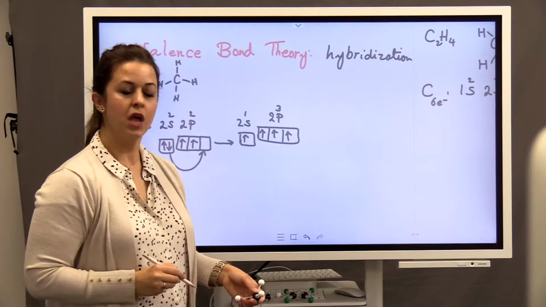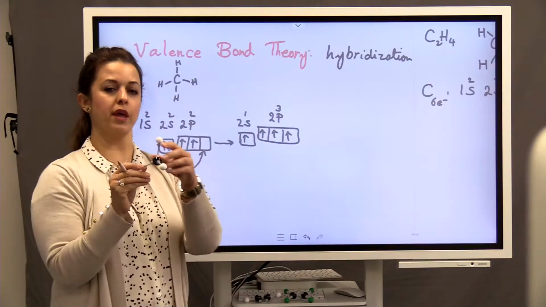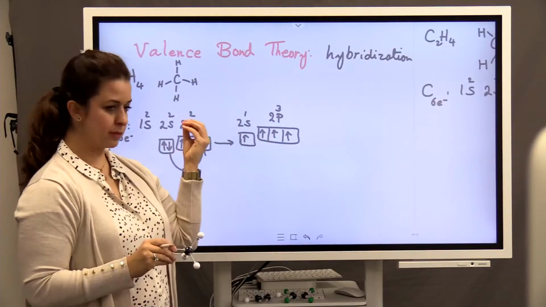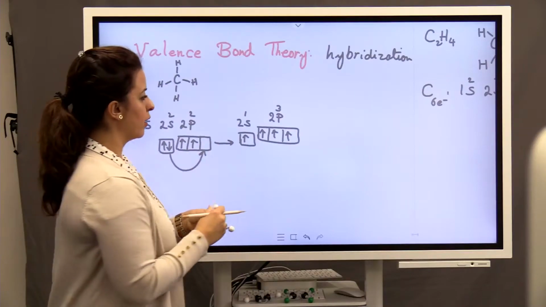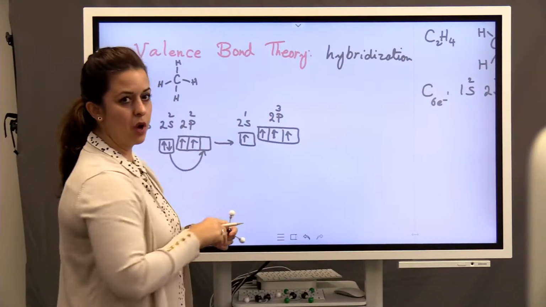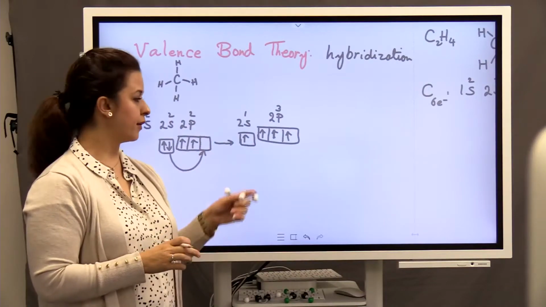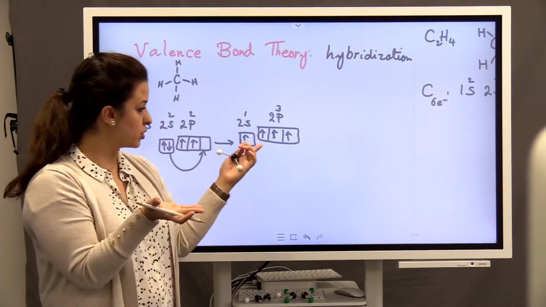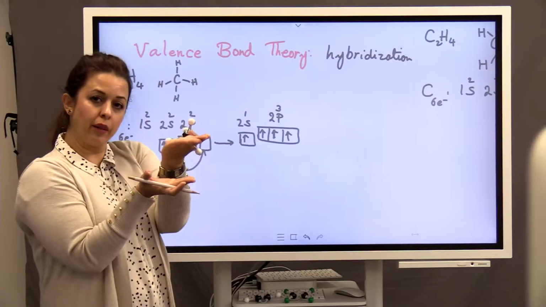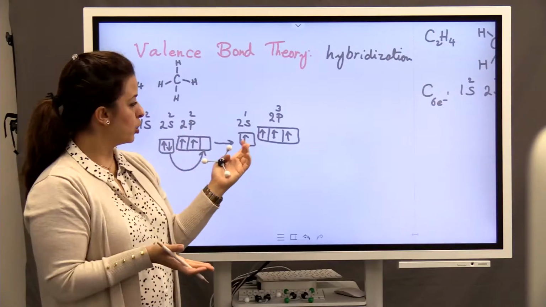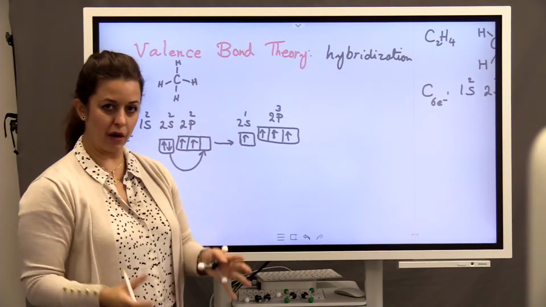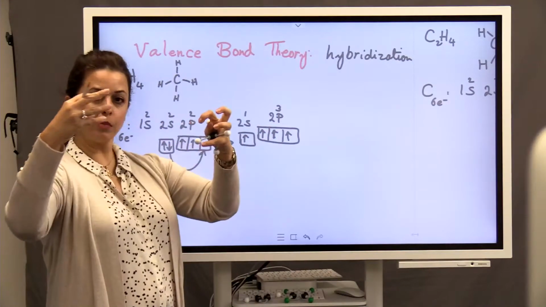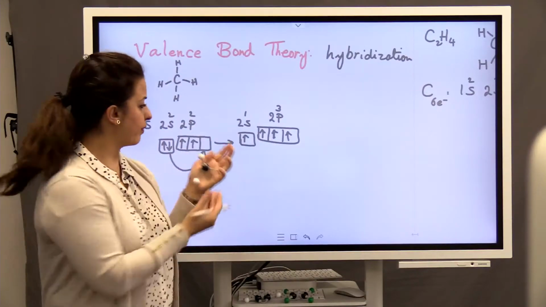4 electrons, right? But in order to form completely equal bonds, the orbitals that form the bond must be the same type. But here you have an electron in 2s, which is a little bit lower, and you have 3 electrons in 2p, which are a little bit higher. You remember s is spherical, and p orbitals are dumbbell shaped, so not the shape, not the energy is the same.